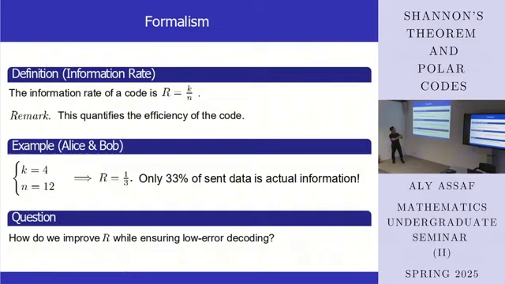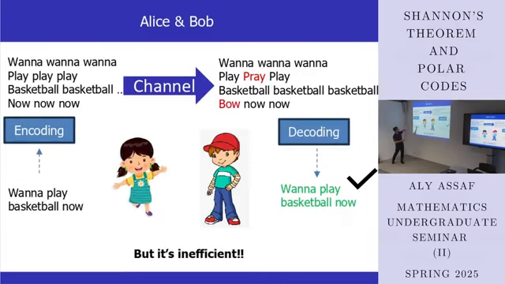Next, we have to introduce the notion of the information rate. As we've seen from this example, we unfortunately had to multiply the size of the message we're sending by 3 times, which is very, very inefficient.